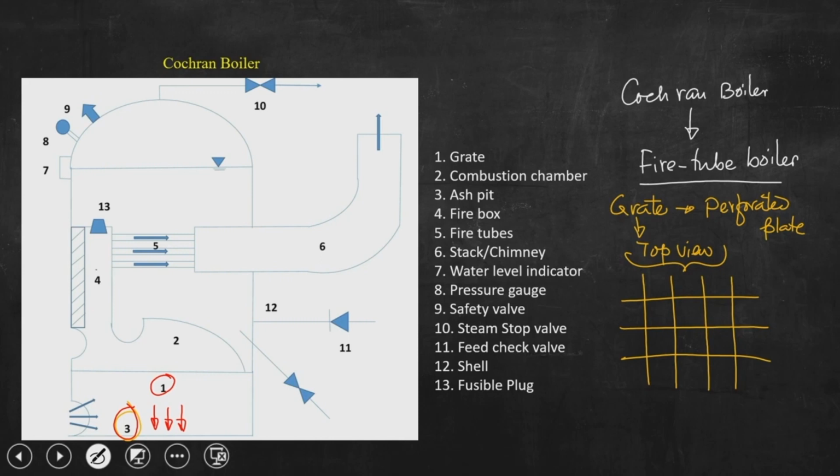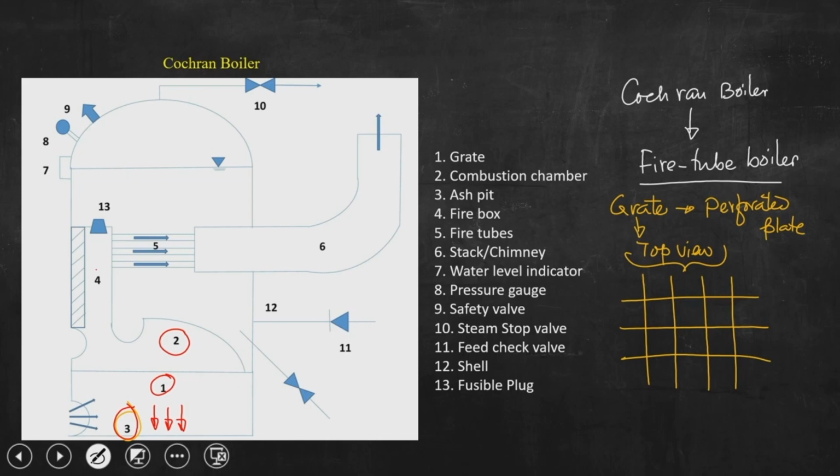The shape is like this, and this is the combustion chamber. The entire combustion should be completed within this chamber, then the flue gas produced because of this combustion will be directed to move towards the top of this device, and that is why this particular arrangement is there.